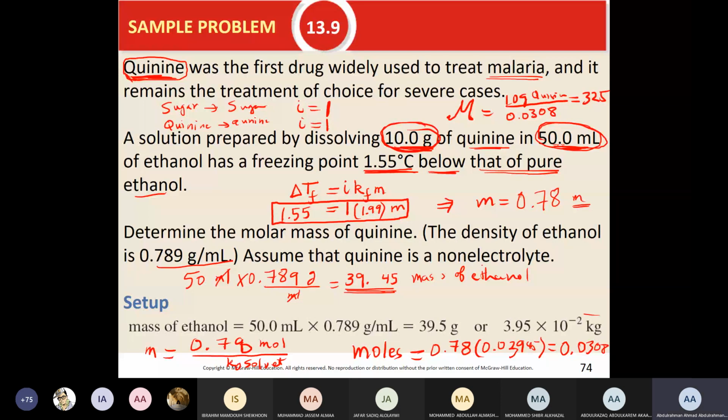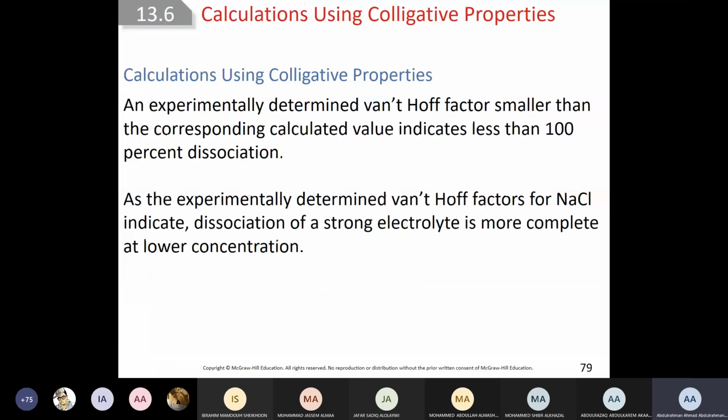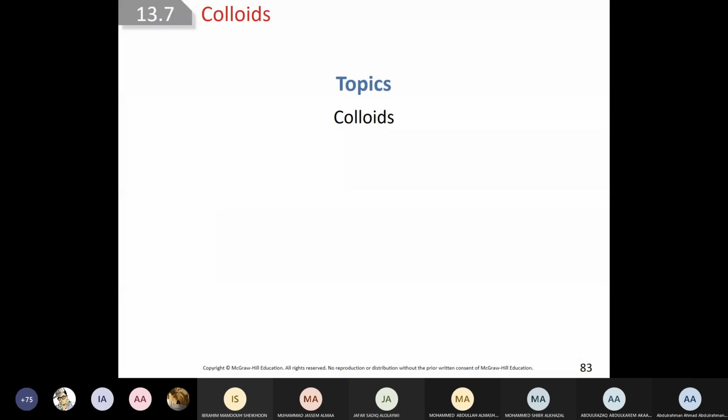All right, and that's it. This is the end of chapter 13. We finished chapter 13, and I want to tell you that 13.7, which is colloids, is not required. Don't study 13.7.